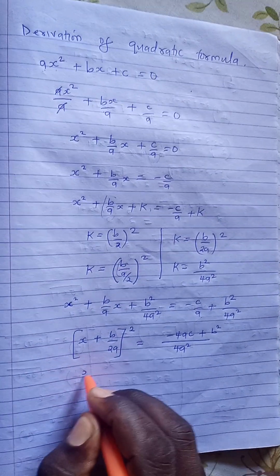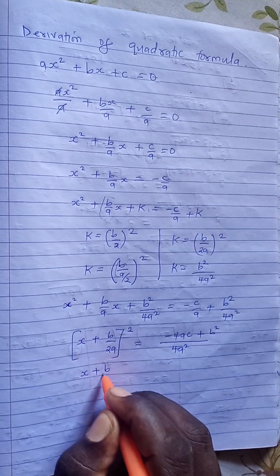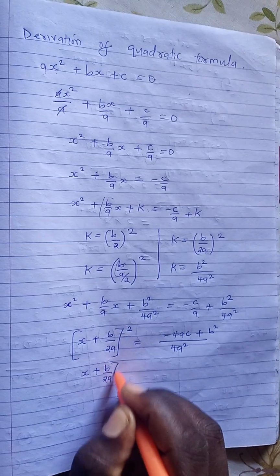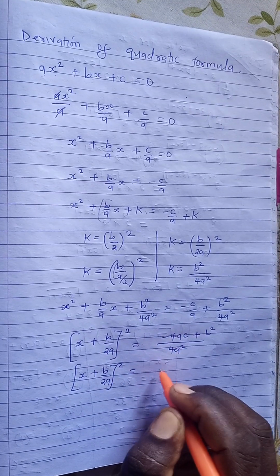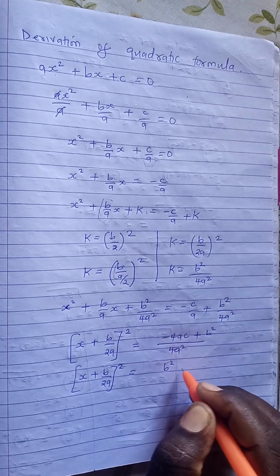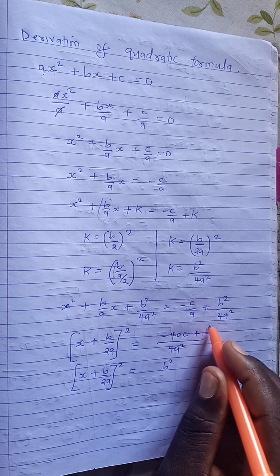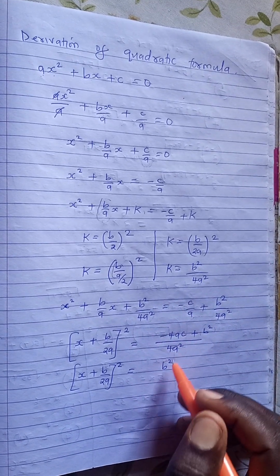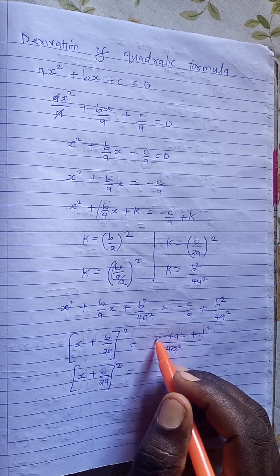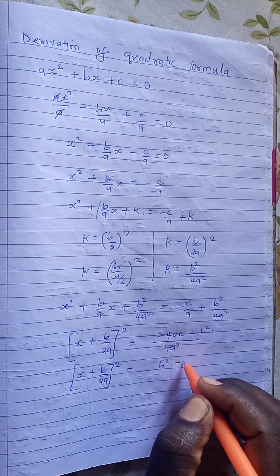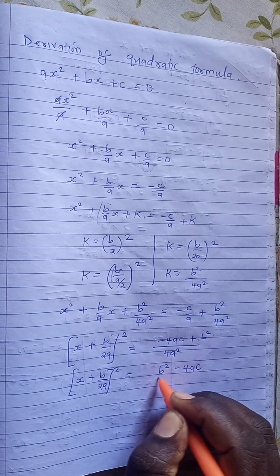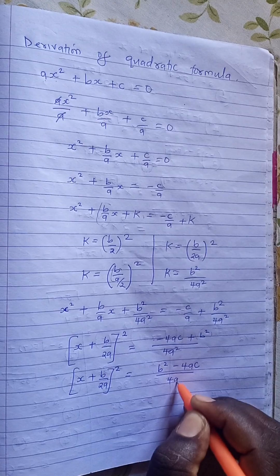So this is x plus b over 2a, then squared, is equal to b squared minus 4ac, all over 4a squared.